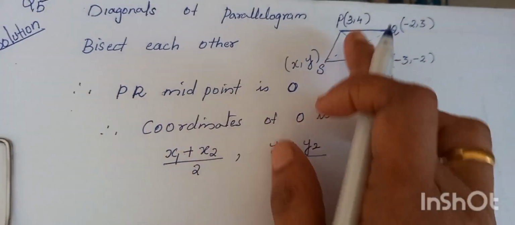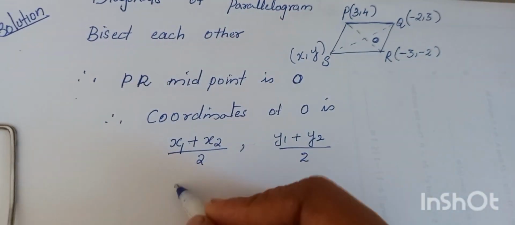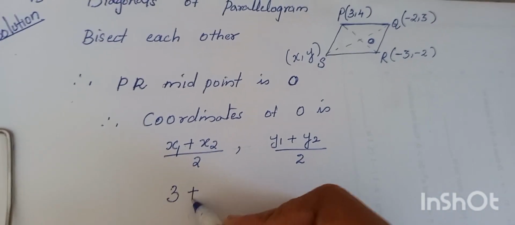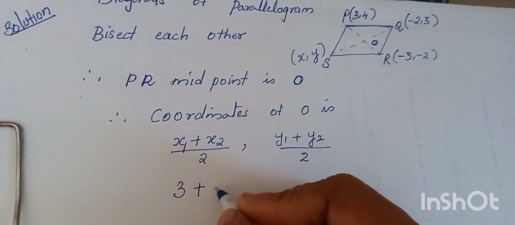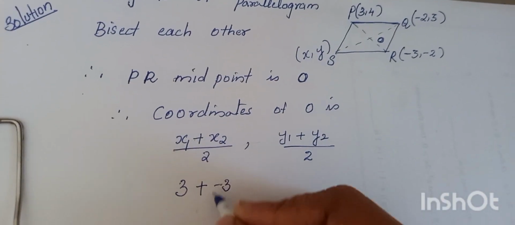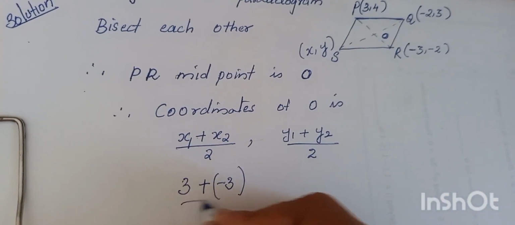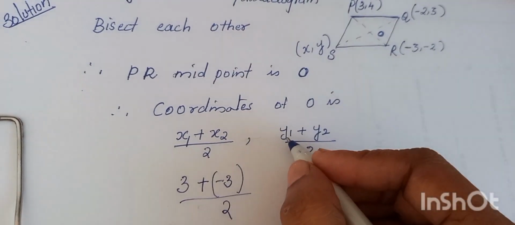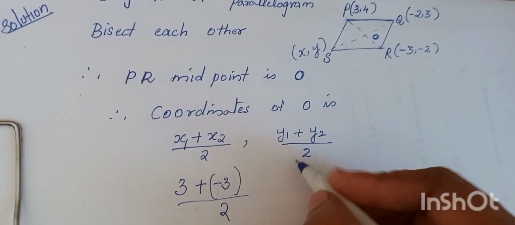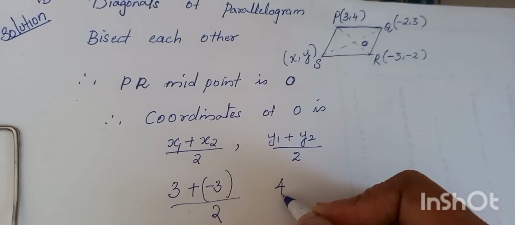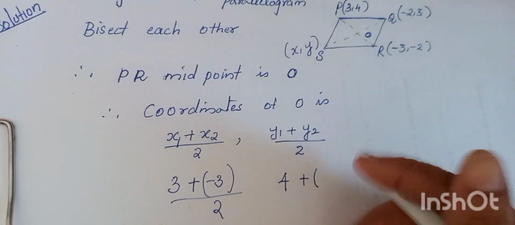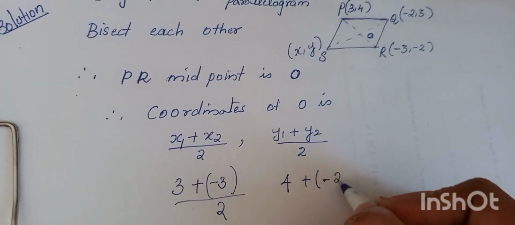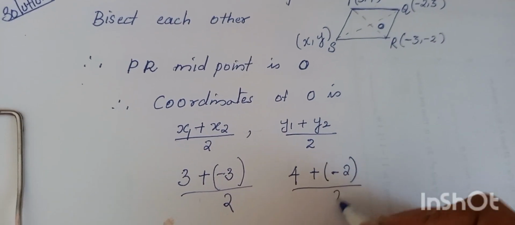So x1 is 3 plus x2 minus 3, by 2, and y1 is 4 plus y2 minus 2, by 2.